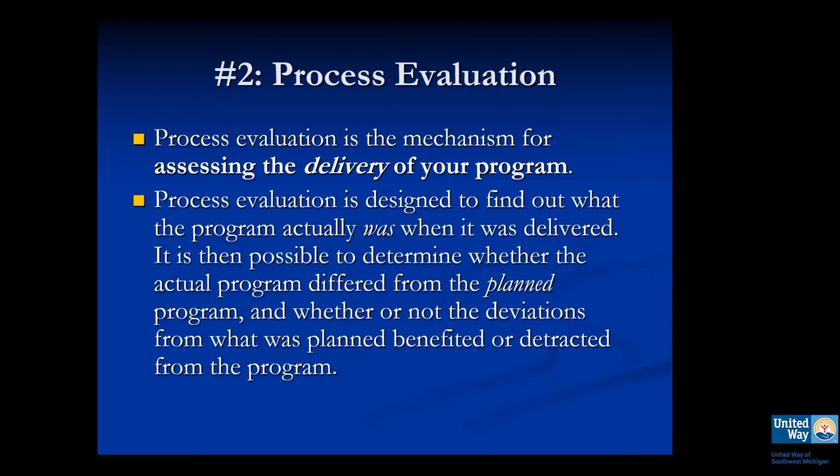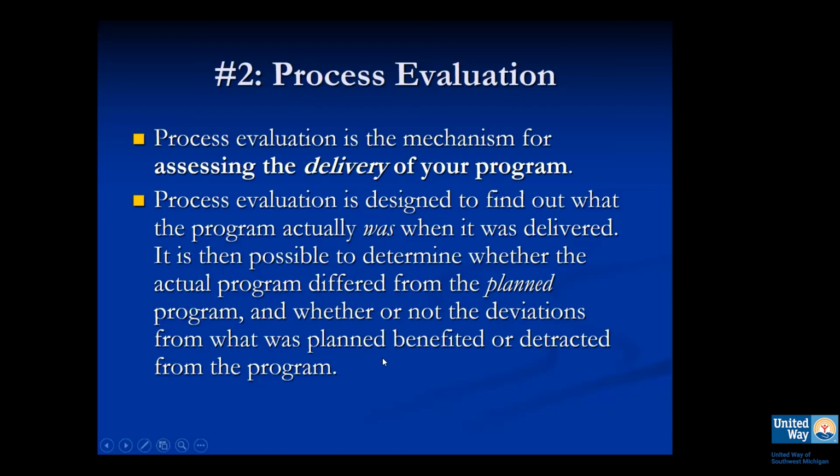So there's this point in time 1 year after you get your funding that the United Way wants you to submit a report. That's an outcome evaluation usually, and that is like a snapshot of that point in time. So process evaluation happens over time, and it's usually designed to help you to understand whether or not what you plan to do is actually happening. And so you're tracking that as it goes through time.